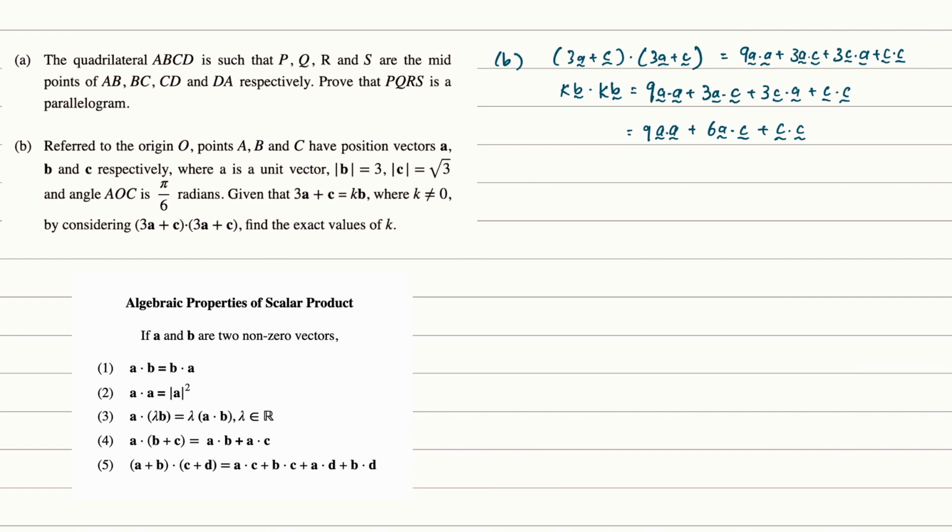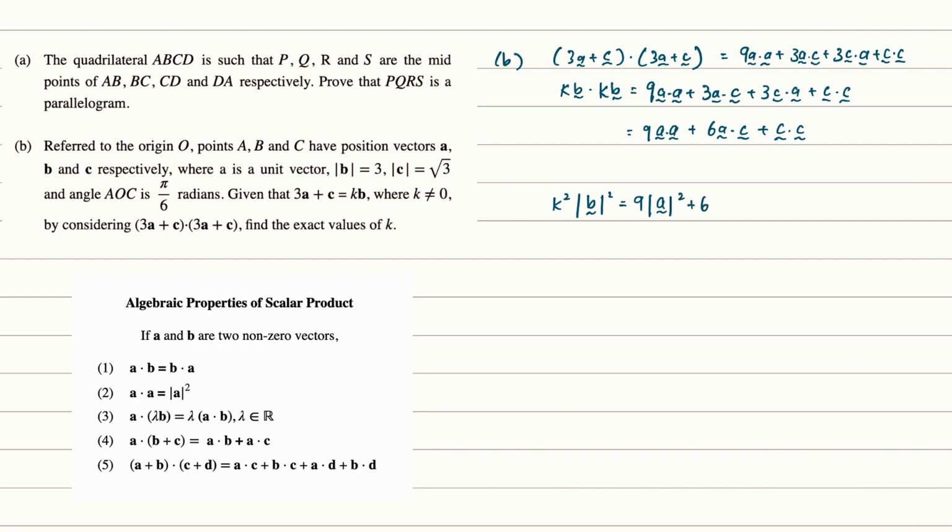Now it is at this point we can employ the algebraic properties of the scalar product. We can first extract the k, so k squared multiplied by modulus of b squared, because b dot b is equivalent to modulus of b squared, is equal to 9 modulus of a squared plus 6.